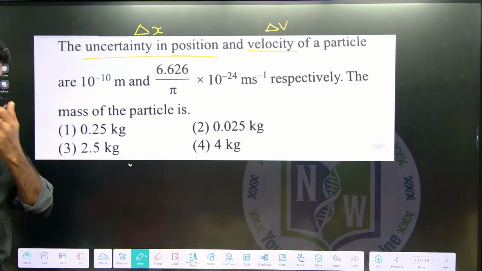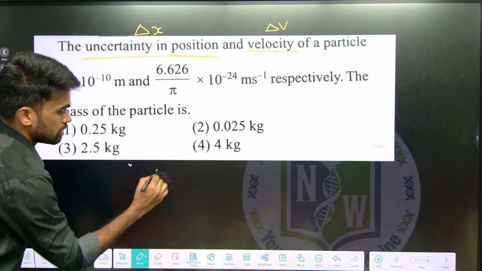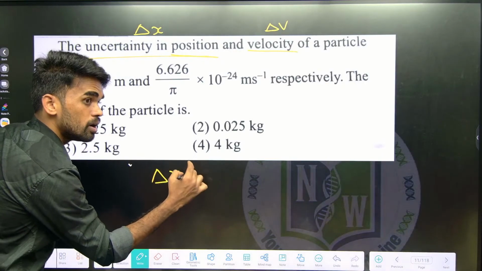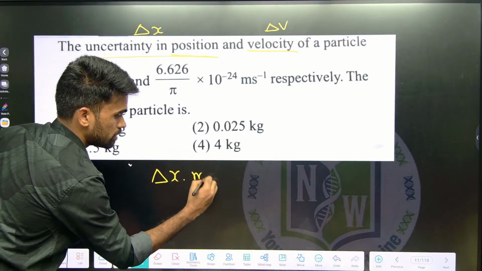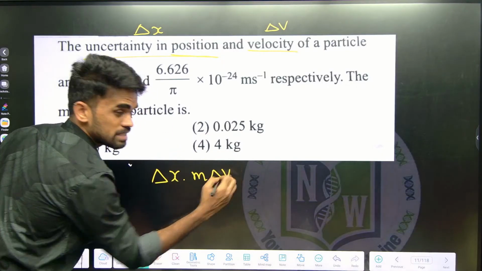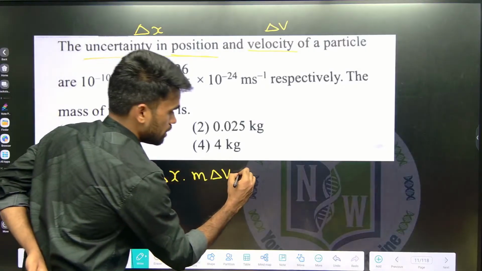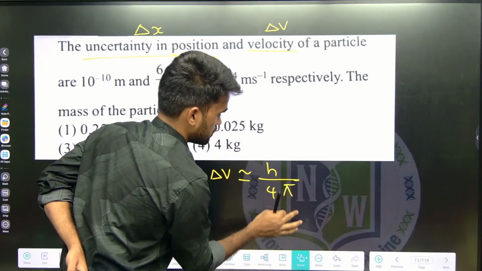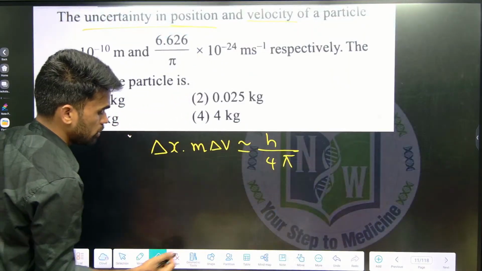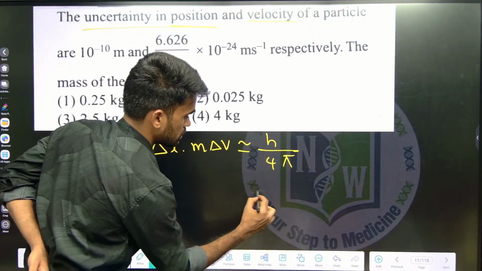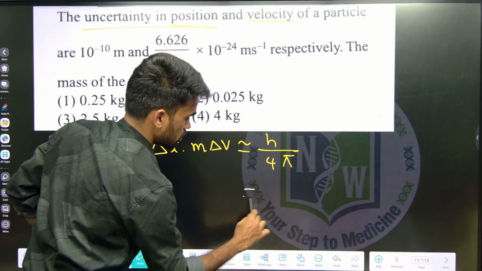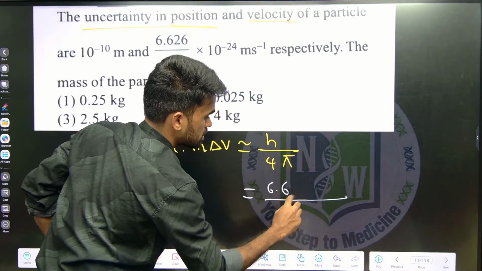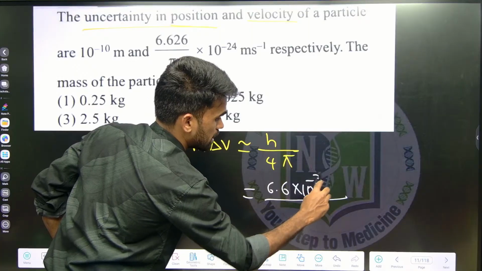So what is the formula to use? Delta x into m delta v, that second one we have written now, equals h by 4 pi. That's it. What do we know h means? 6.6 into 10 power minus 34.